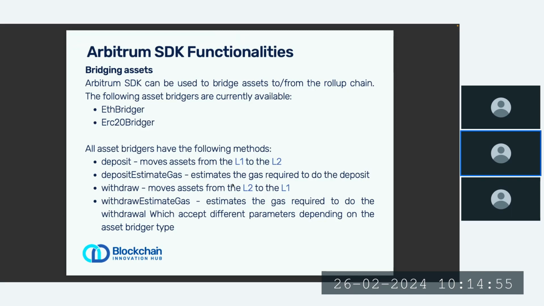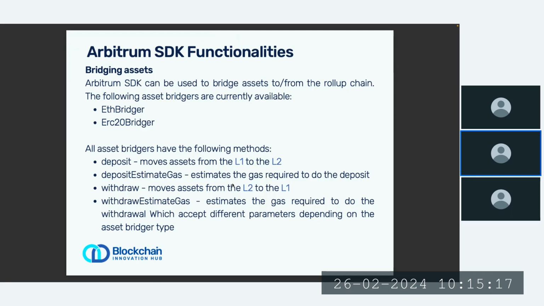One thing we also need to understand is that all asset bridgers have the following methods. Deposit, which moves assets from the L1 to the L2. We have deposit estimate gas, which is used to estimate the gas required to do the deposit. We also have withdraw.